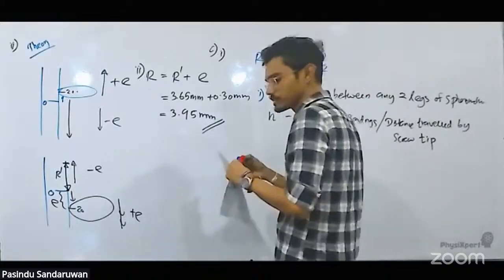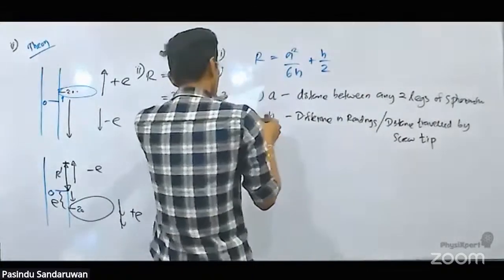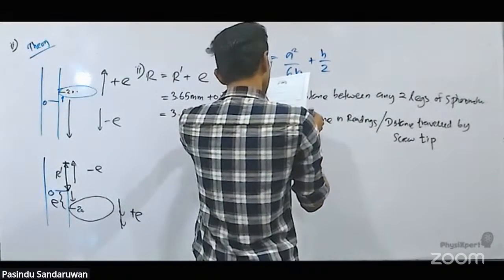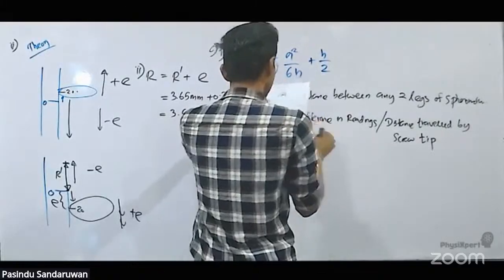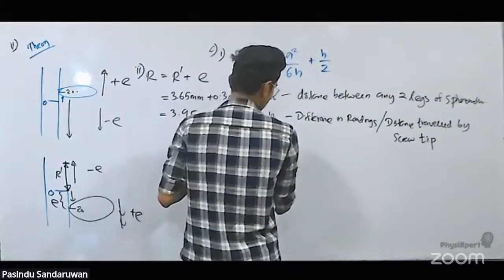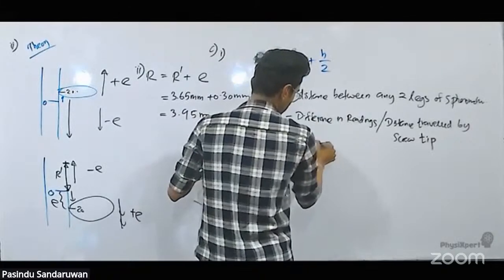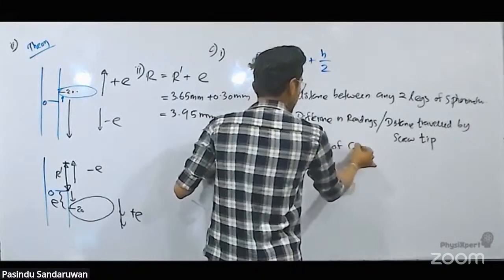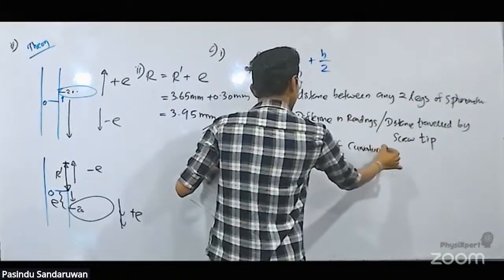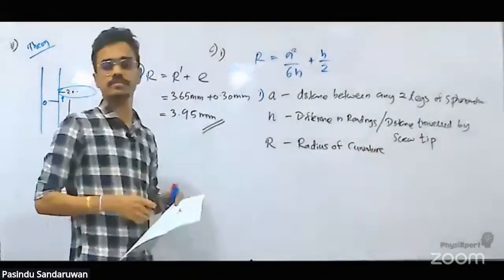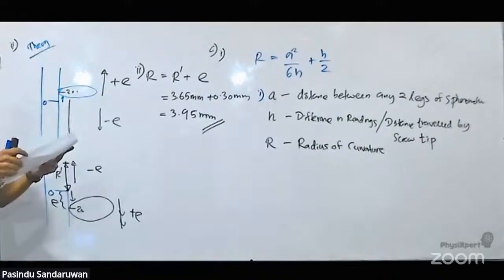R is introduced anyway. Oh no, R is not introduced. Then you better introduce R as well. There are three rules also given. R is radius of curvature, right?